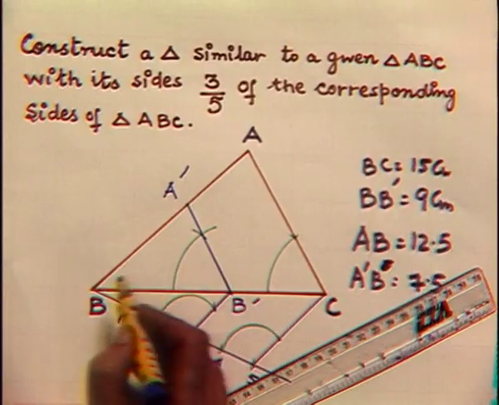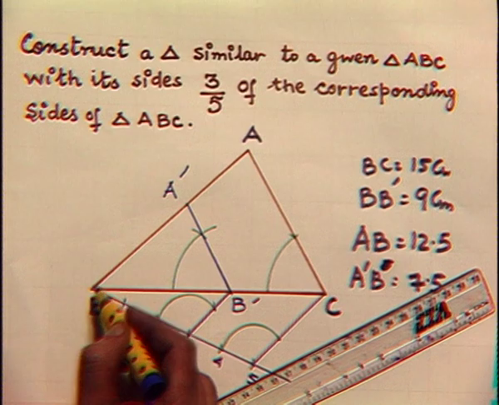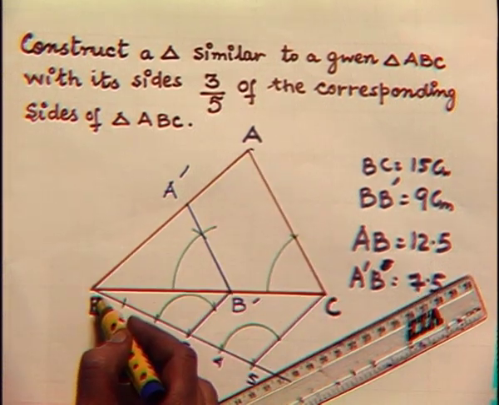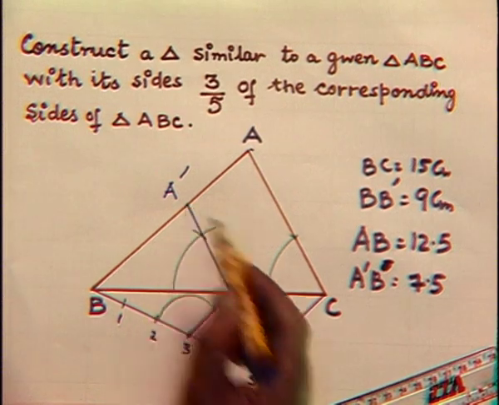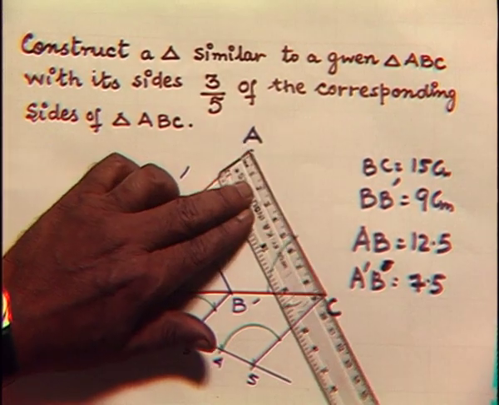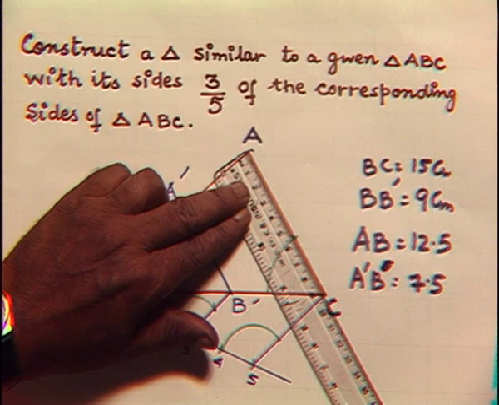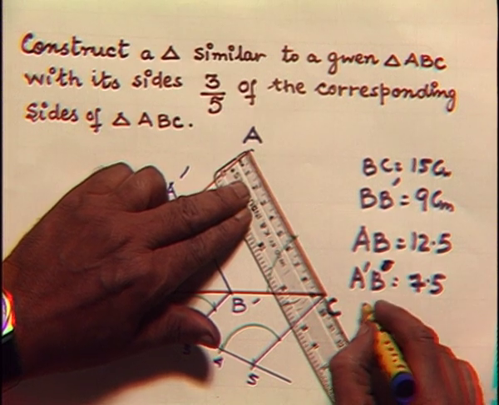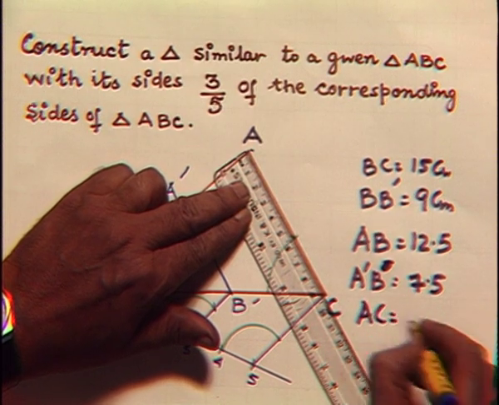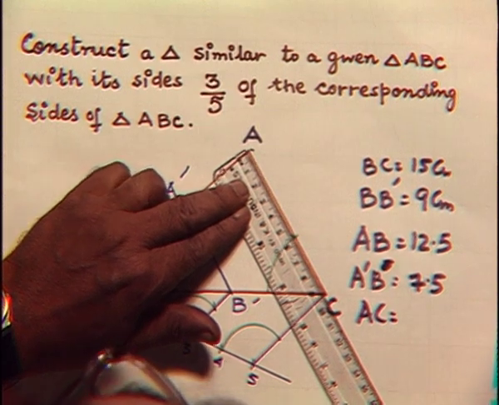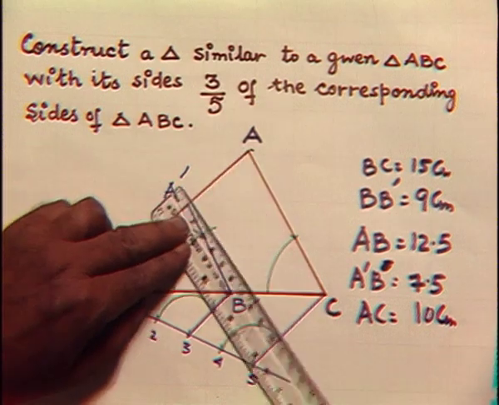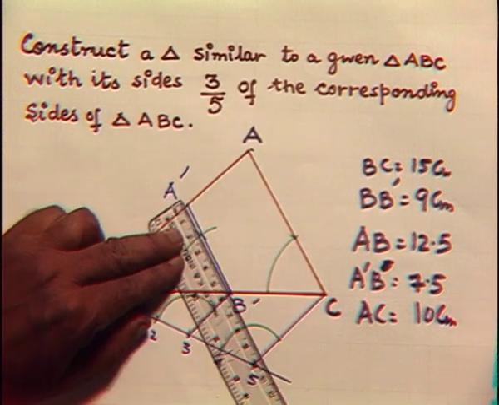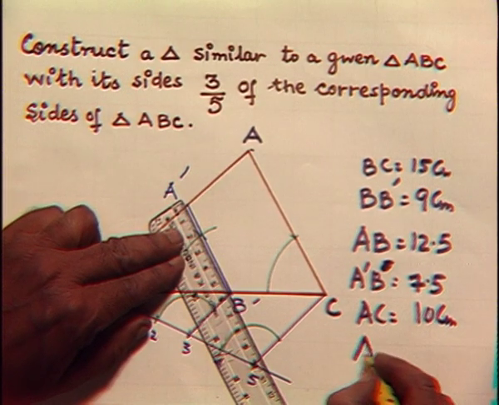So, here we see that A dash B is 3/5 of AB, and similarly we can verify for this here, AC is 10 centimeters and A dash B dash is 6 centimeters.